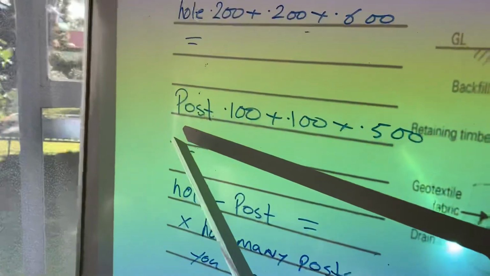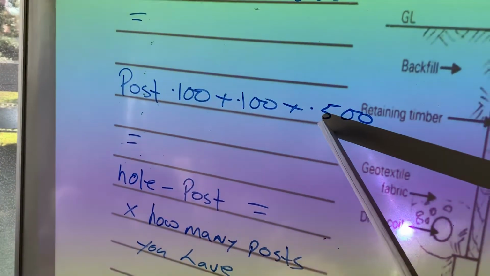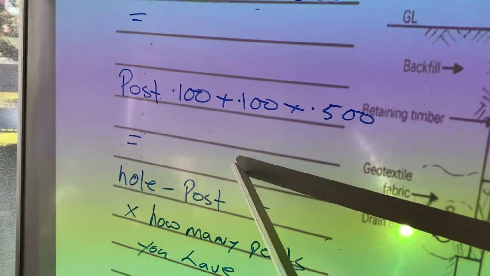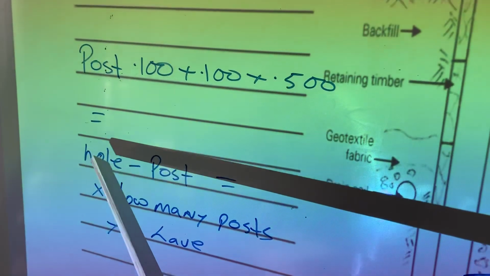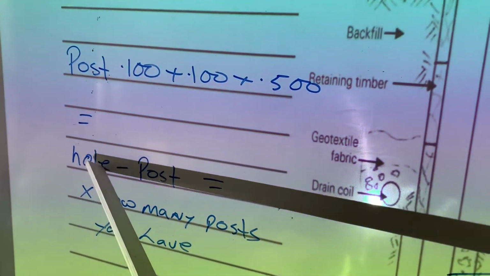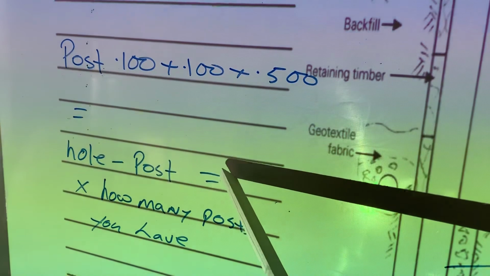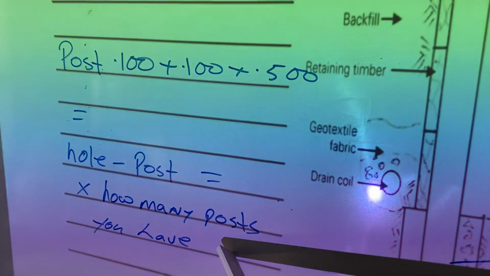So your calculation is 0.100 times 0.100 times 0.500, and you write that down. Next step is you take away the post from the hole. That leaves you with what's left, and then you times that by how many posts you need, and that's your total amount of concrete.